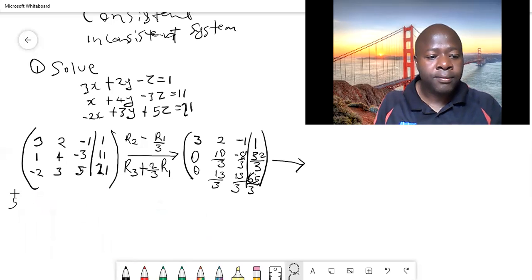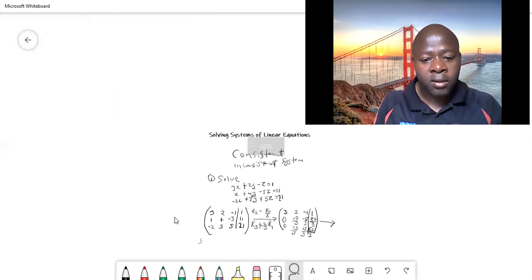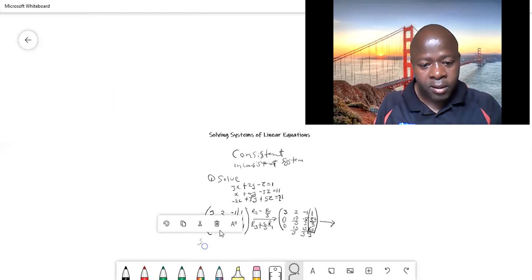Okay, so the next thing we come to the second element in that diagonal.